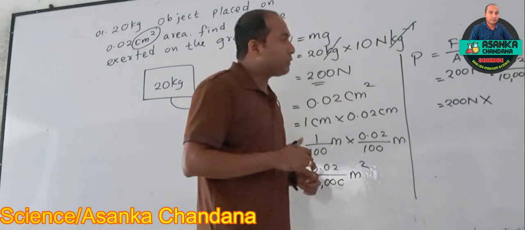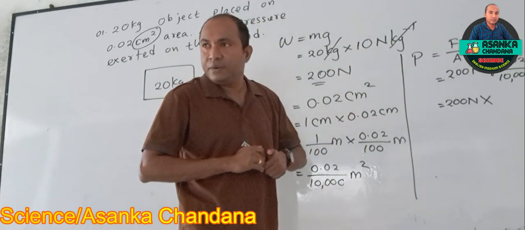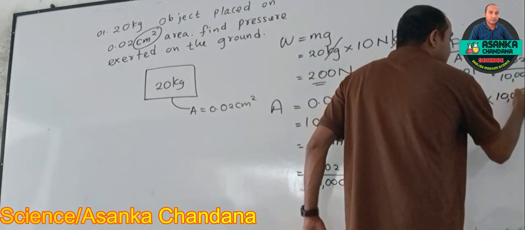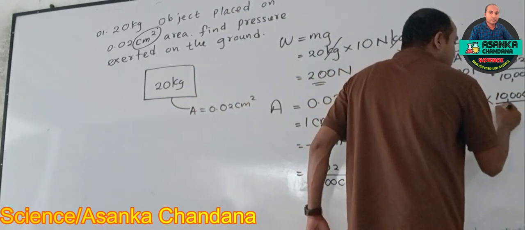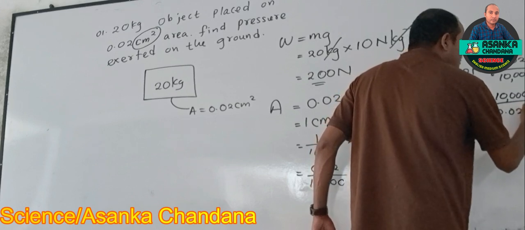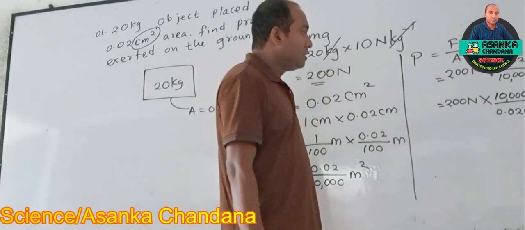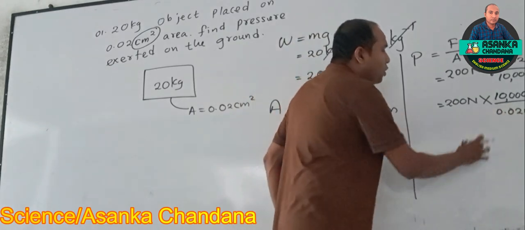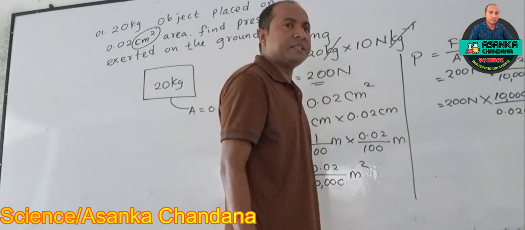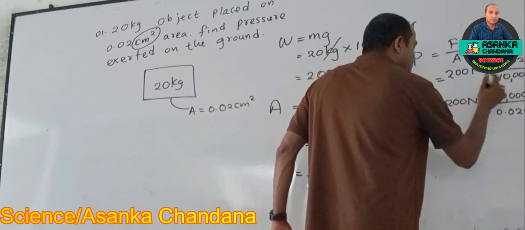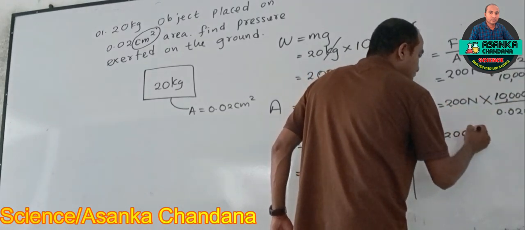If we put the multiple sign, we should take the reciprocal. Reciprocal, it means 10,000 divided by 0.02 square meter. To remove the 0.02 square meter, what is the method? I will multiply 200 times 10,000.